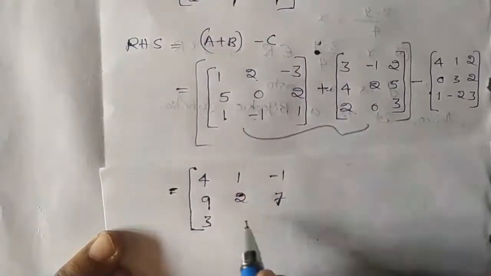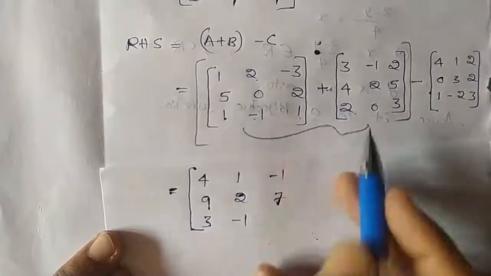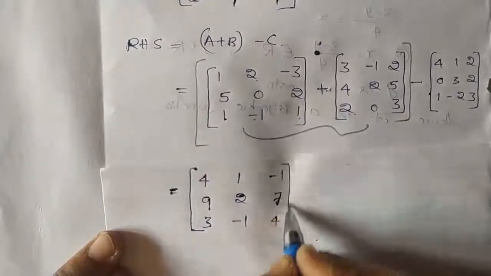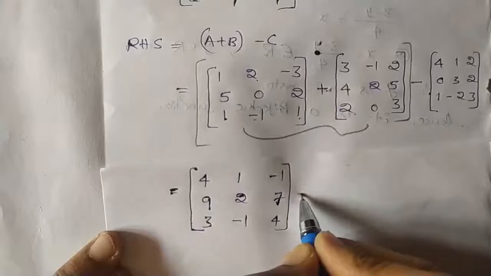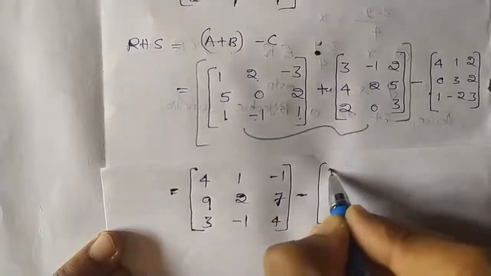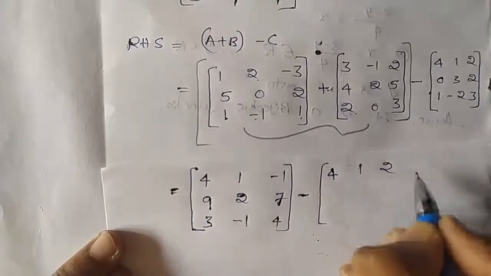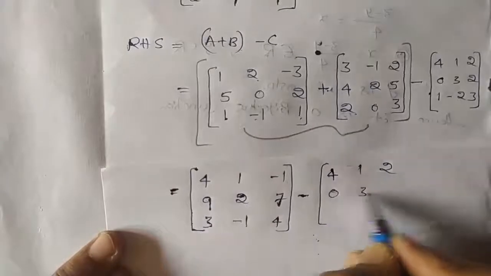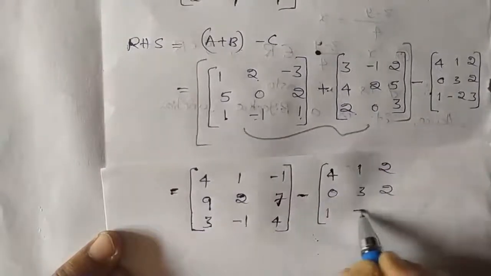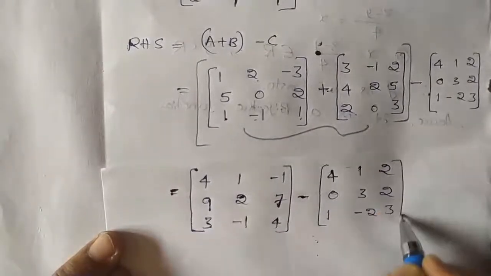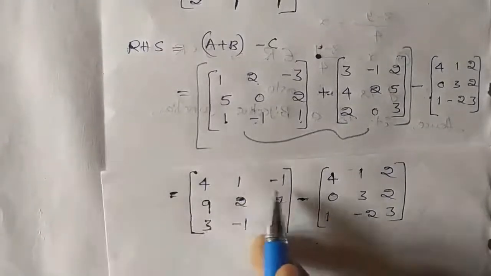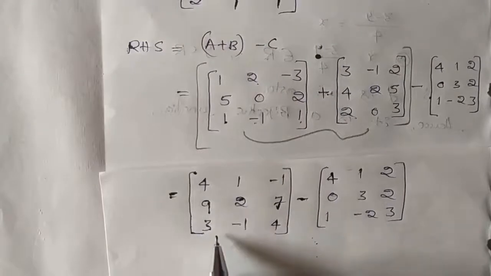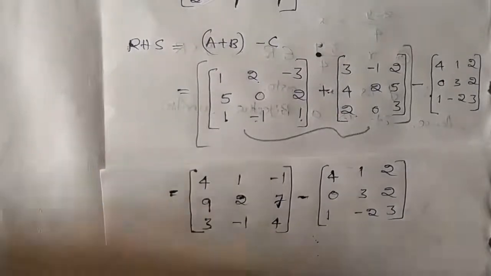Minus 1 plus 0 is minus 1. 1 plus 3 is 4. It is the matrix A plus B. Minus 4 1 2, 0 3 2, 1 minus 2 plus 3. A plus B matrix is 4 1 minus 1, 9 2 7, 3 minus 1 plus 4.